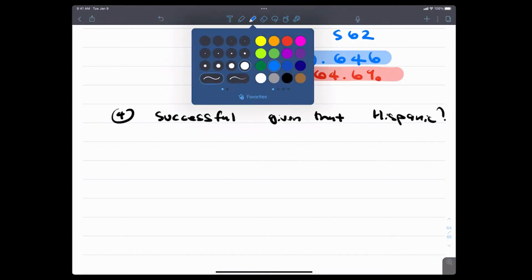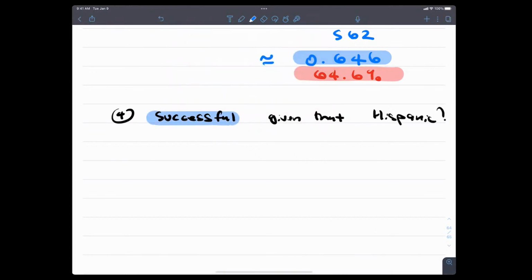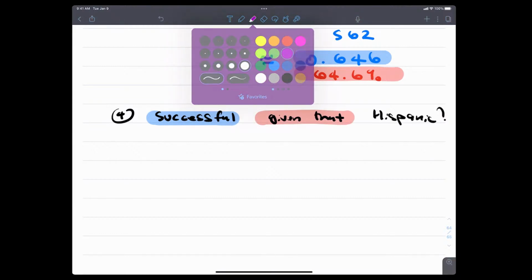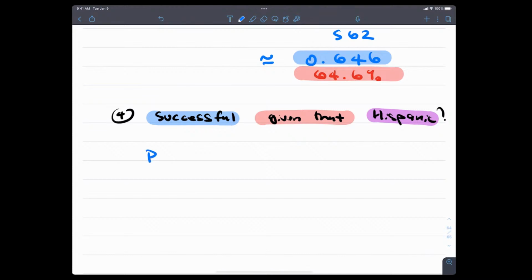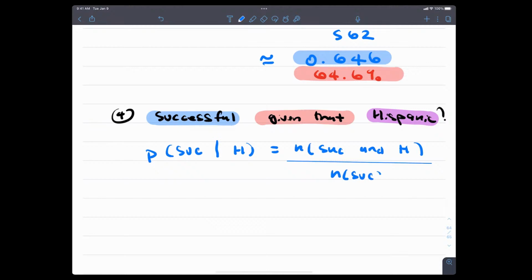Chance you're Hispanic. Conditional probability. The phrase given that, what's the group now? Hispanic people. Symbolically, probability of a success. This line means given that you're Hispanic. So the number of successes among Hispanics out of total number who are successful.